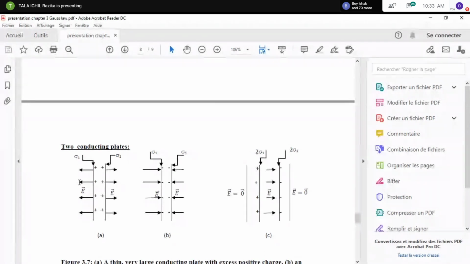So instead of having sigma 1, it will be 2 sigma 1. All of them migrate to the internal side. Also the negative charge will migrate to the internal side. So you will have 2 sigma 1, and there is an electric field only between the positive and the negative charge.